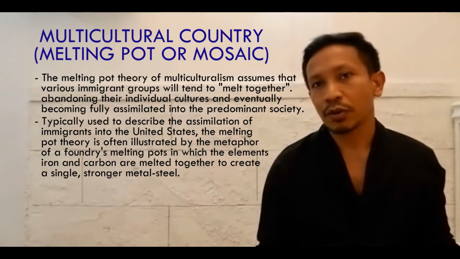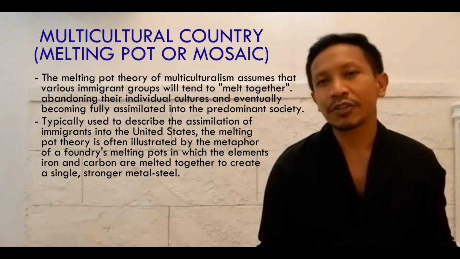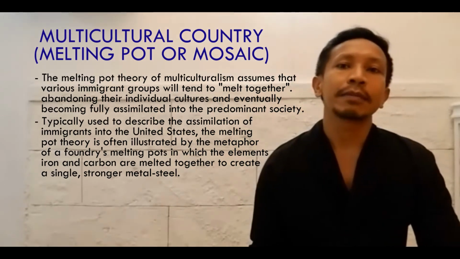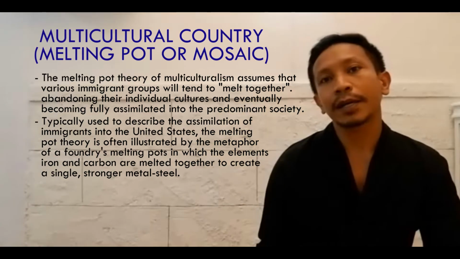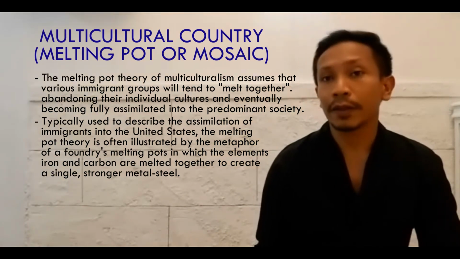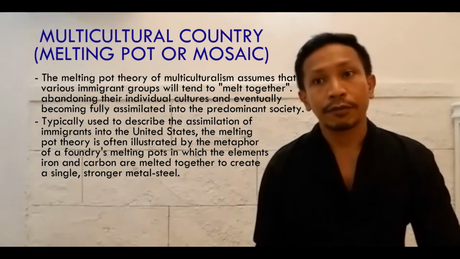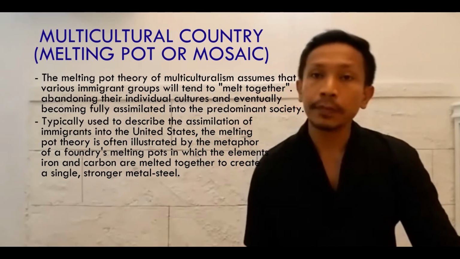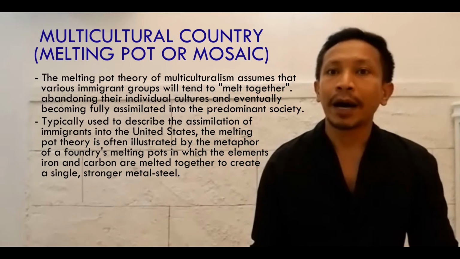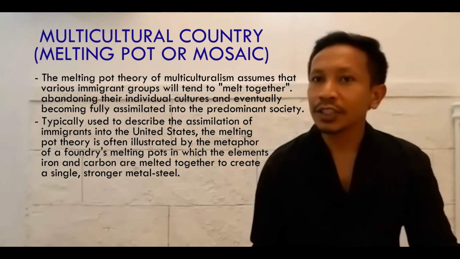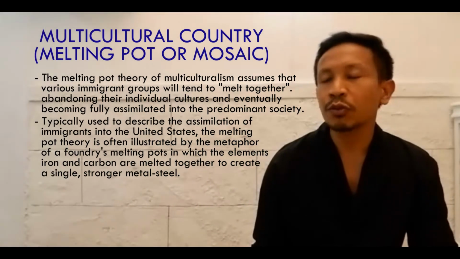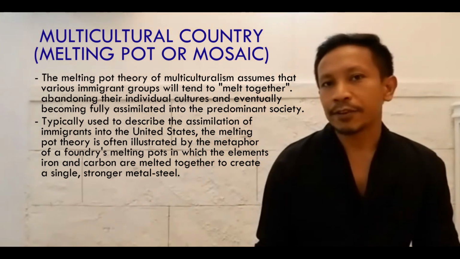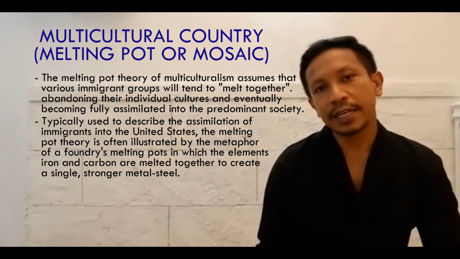Typically used to describe the assimilation of immigrants into the United States, the melting pot theory is often illustrated by the metaphor of a foundry's melting pot in which the elements iron and carbon are melted together to create a single stronger metal, steel.